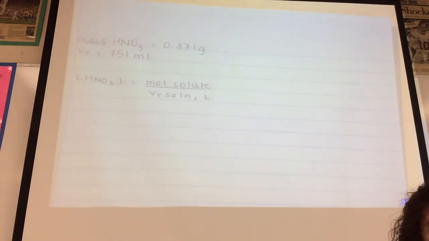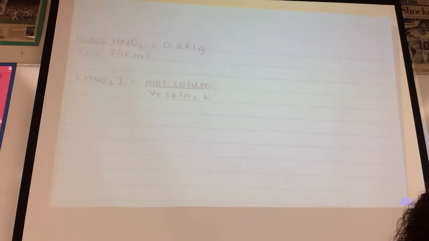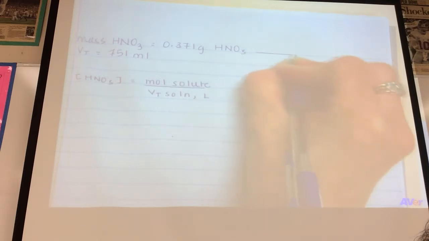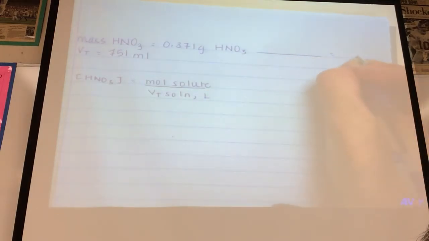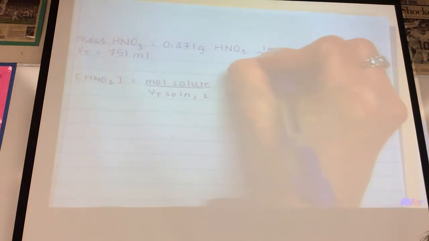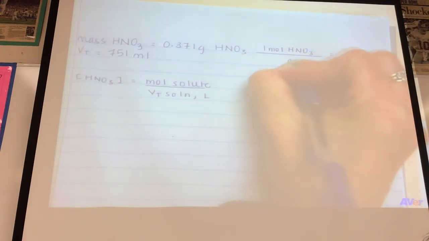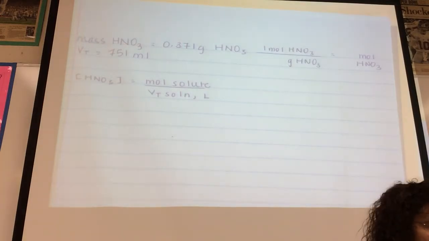And that goes back to our solution chapter. So if I have the mass of the solute, can I get moles? How do you convert it? Periodic table. 1 mole of nitric acid is equal to its mass in grams from the periodic table.